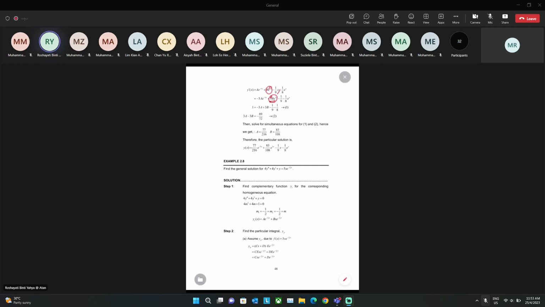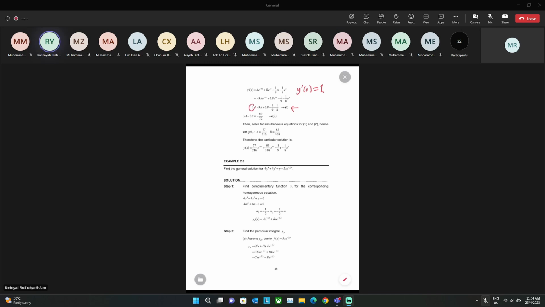After that you differentiate this, it becomes 1/9, and then this exponential. So how can the equation become like this? Because y prime 0 equal to 1.